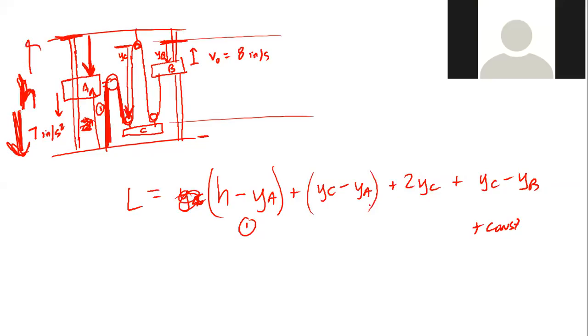Well, that's just going to be whatever YC is, that distance there, minus whatever that height is, which is really a constant between those two. So that's my number 2, right there. And then my number 3 is going to be these two guys here and here. And my number 4 is this distance right there, that area right there.